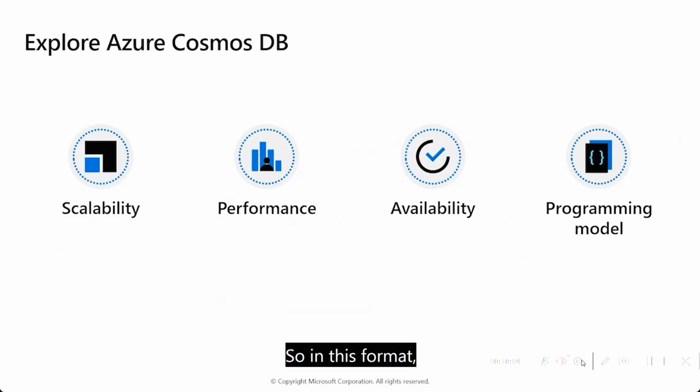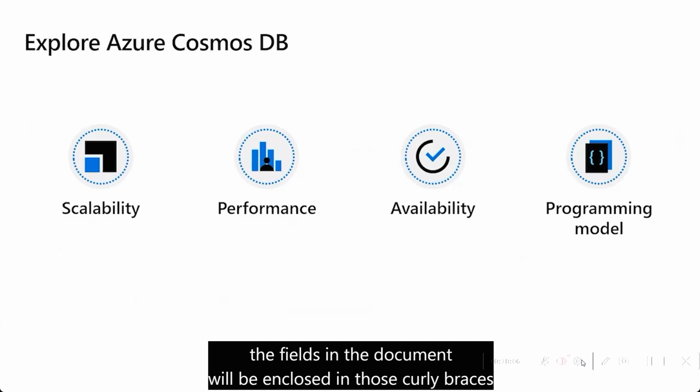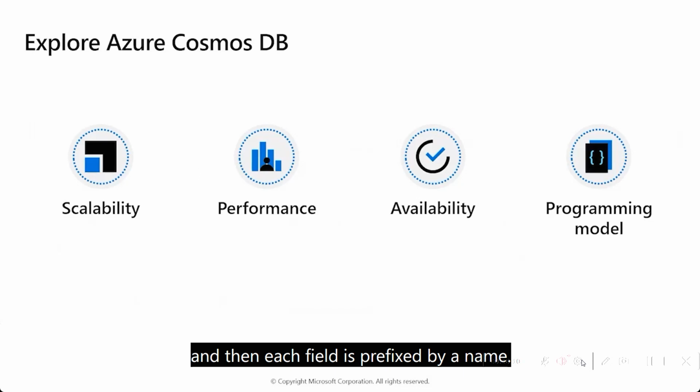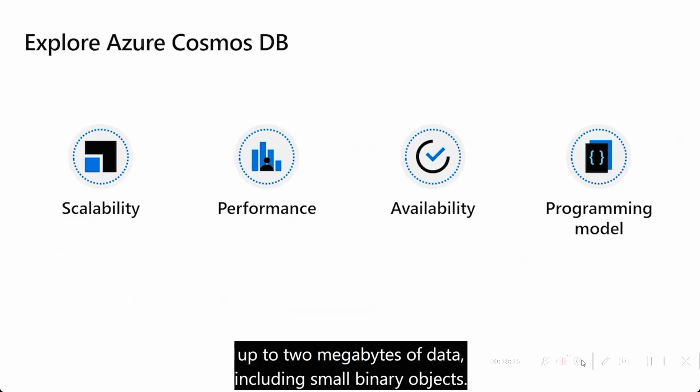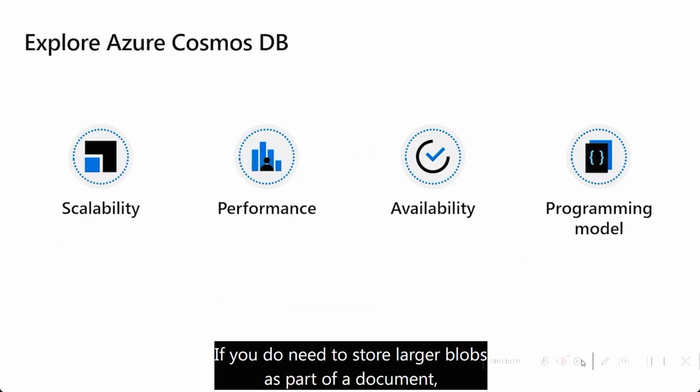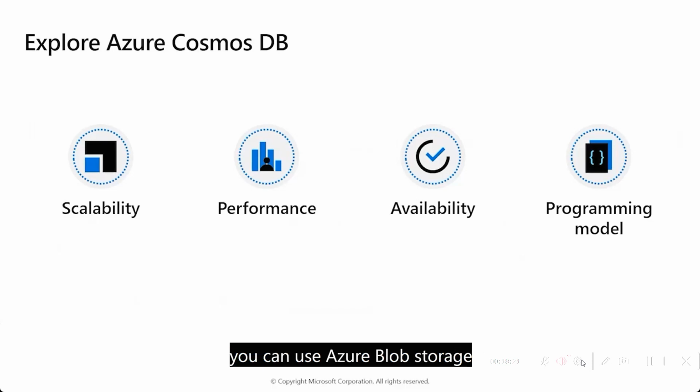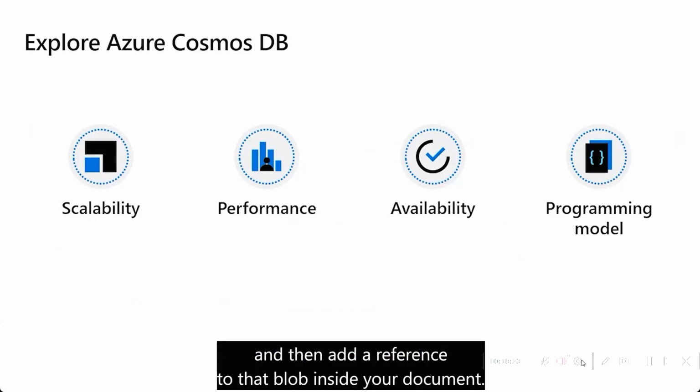In this format, the fields in the document will be enclosed in curly braces, and each field is prefixed by a name. A document can actually hold up to 2 megabytes of data, including small binary objects. If you do need to store larger blobs as part of a document, you can use Azure Blob Storage and then add a reference to that blob inside your document.